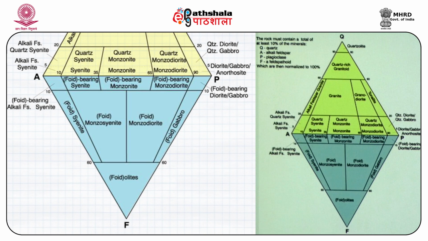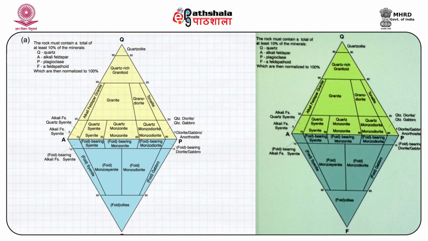Now, as I told you, if you go from more felsic rocks, which are quartz bearing, to more mafic rocks, in mafic rocks what we are showing here is plagioclase, pyroxene and olivine. Rocks which have more than 90% plagioclase are called anorthosite. Rocks which have a combination of plagioclase as well as pyroxene are called gabbro.